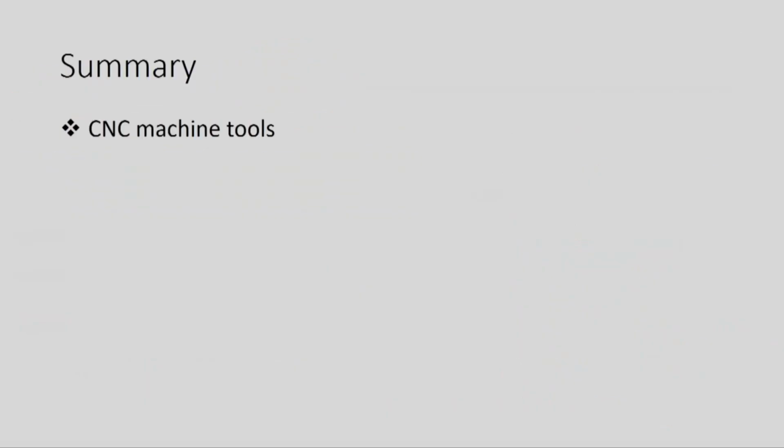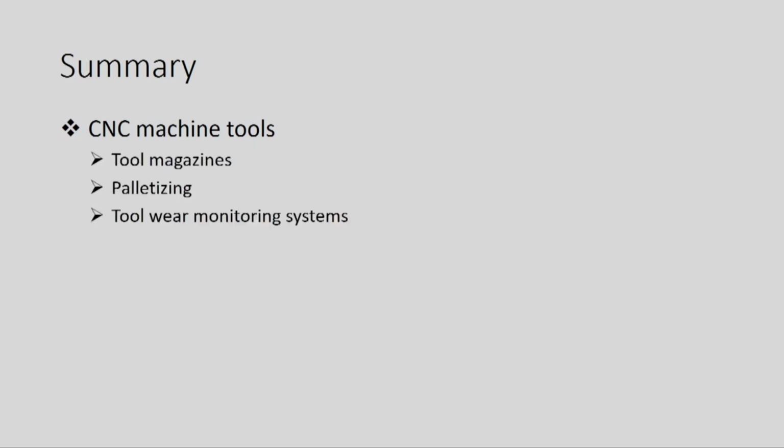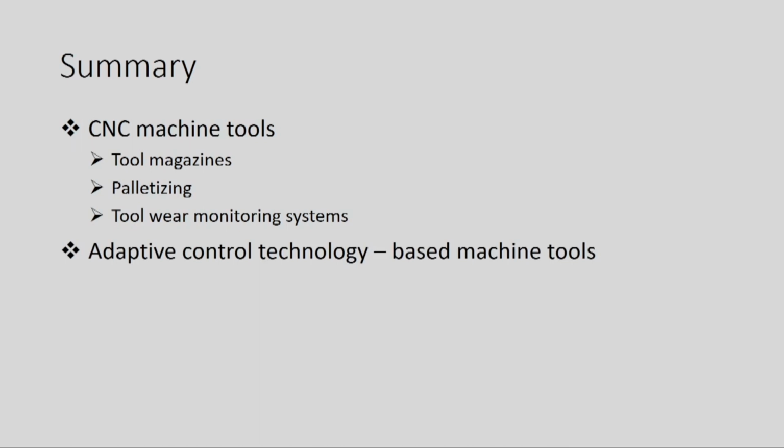Well, my friends, let us summarize lecture 3 of week 2. In this lecture, we have seen CNC machine tools. We have seen various elements such as tool magazines, pallets, tool wear monitoring systems. After that, we studied the adaptive control technology concept and how to build a machine tool based on this technology.